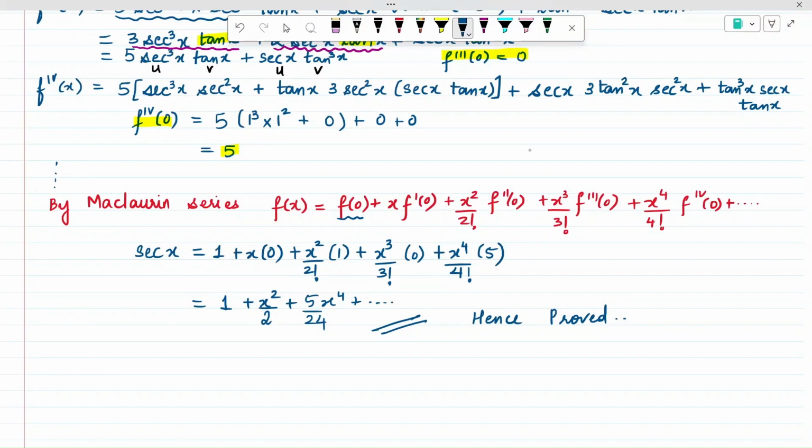I hope everyone has understood what we have done here and how did we get the Maclaurin series of sec x. Okay. Now if this is clear, we'll move on to the next example. So let's look at what is asked in the second question.